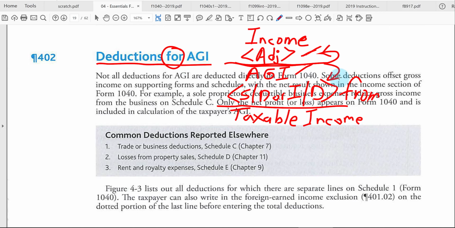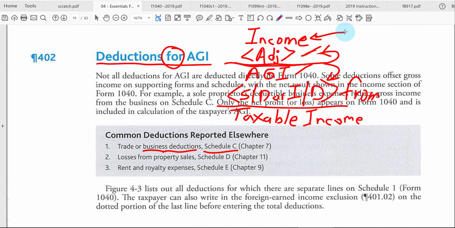So we're going to learn more next semester when we deal with people that have their own business, and we're going to prepare a form called a Schedule C. And on that Schedule C, we report business income, and we're going to minus out business deductions. So all of that is going to be included in here, this income.